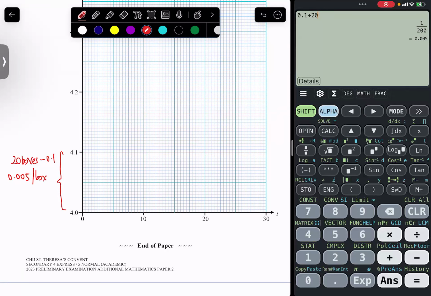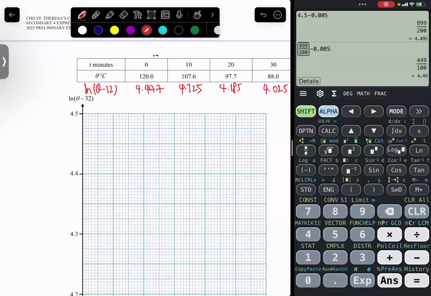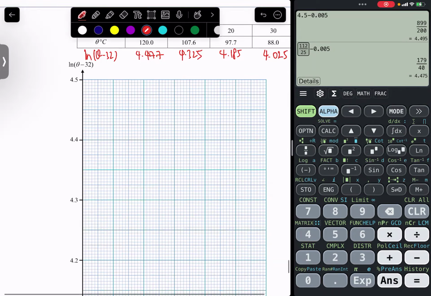So if you want 4.477, it is 4.5 minus 0.005 times 5, that is 4.495 minus 0.05 gives 4.45, 1, 2, 3, 4, 5. Okay, this one is the nearest, right? So 5 boxes.